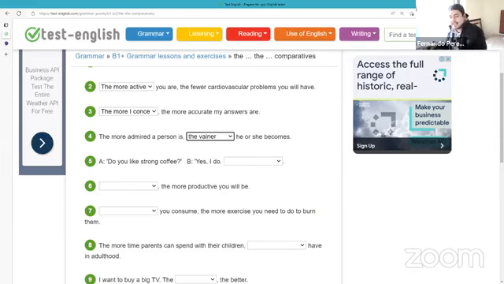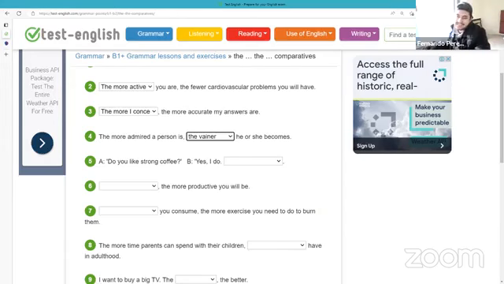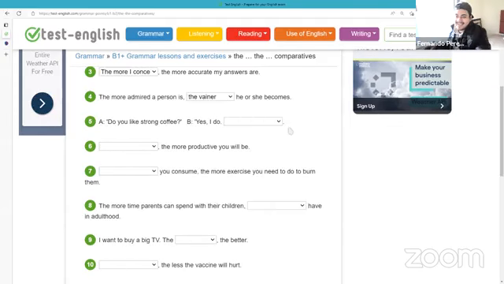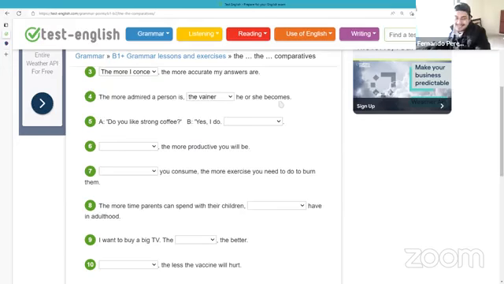Because the word "the more" is only used when you are talking about a long adjective. What happens with short adjectives? You need to use the short format. Perfect. I thought for a second that you were going to select the more. Don't underestimate yourself.